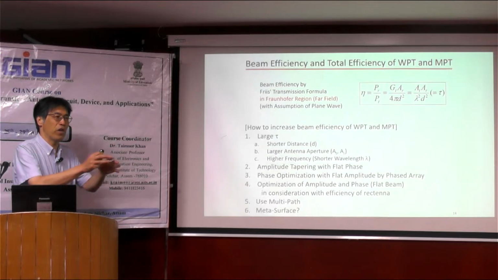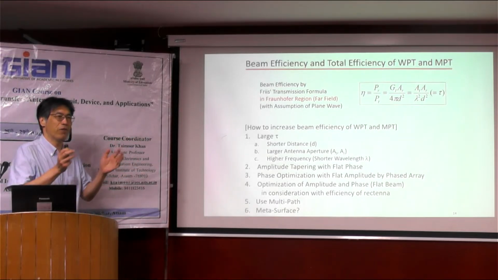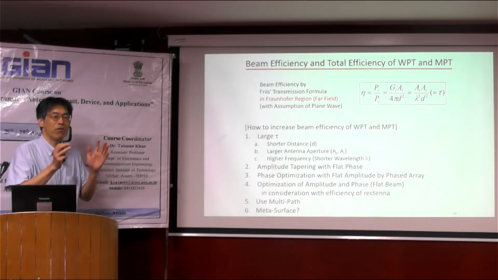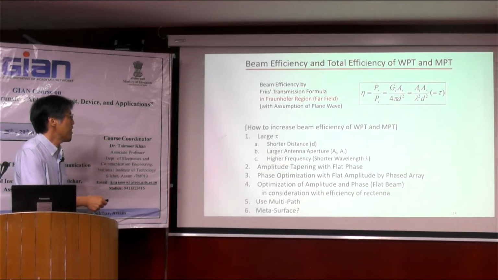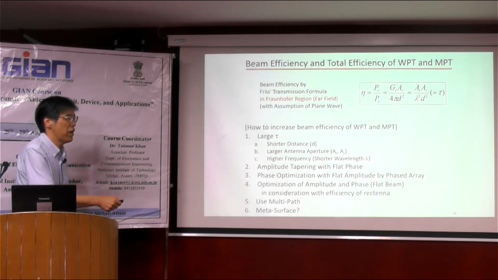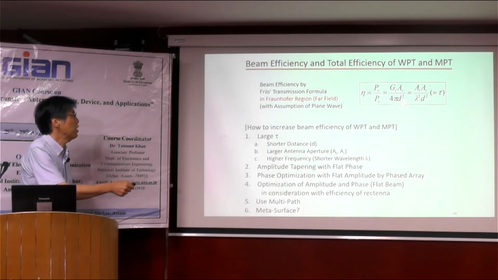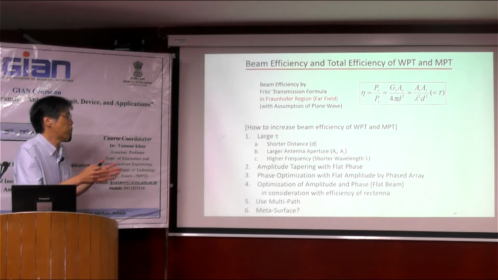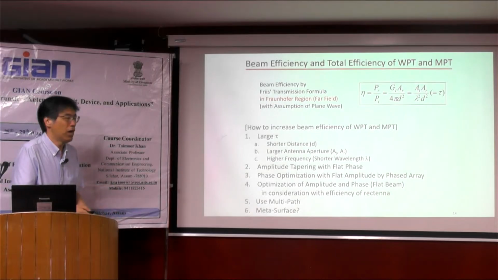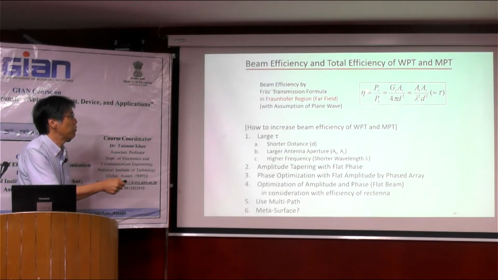So if we have a larger antenna, we can increase the efficiency, or we can increase the received power. It's very simple. And this is the most important, lambda. Lambda means wavelength, and if this lambda becomes shorter, smaller, it means the frequency becomes higher. We can increase the beam efficiency because lambda is here.